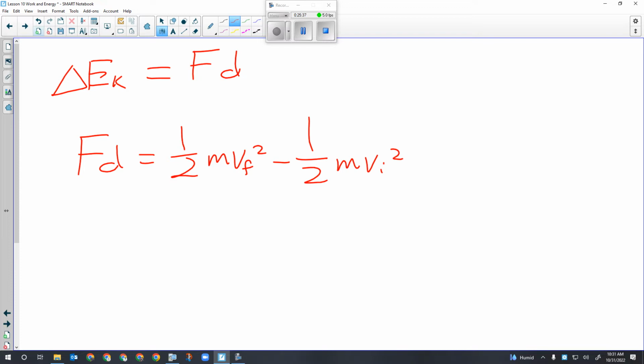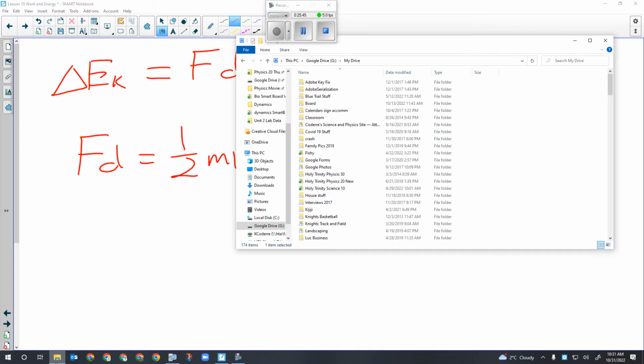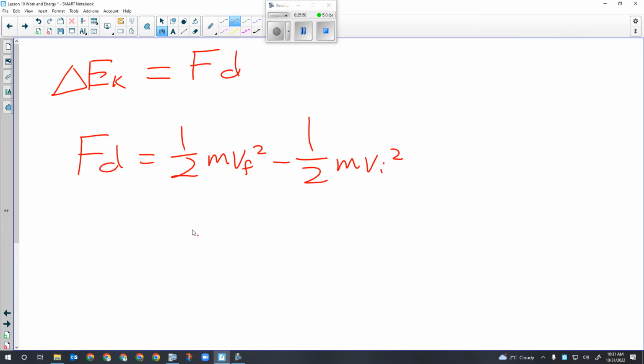This would be how I would calculate how much work would be required to stop me. What do I want my final kinetic energy to be? So really, the work I have to do is equal to 1/2 m v_i squared. It's equal to my initial kinetic energy.